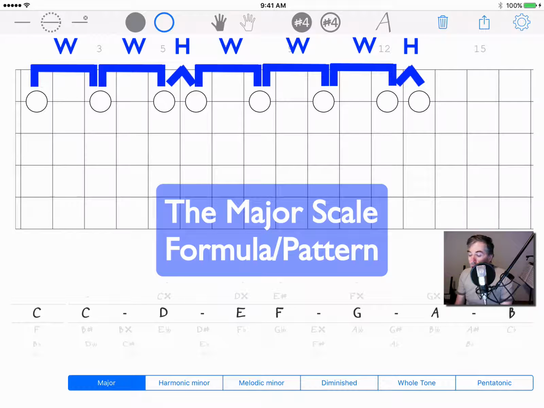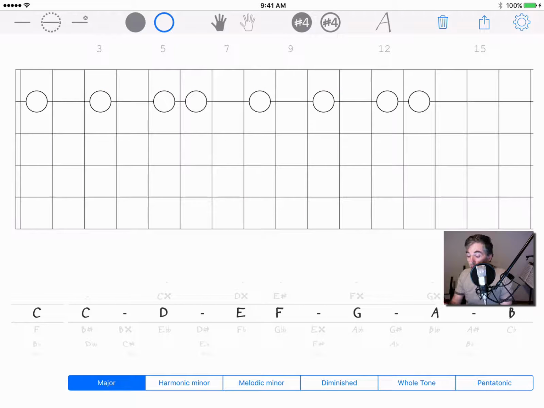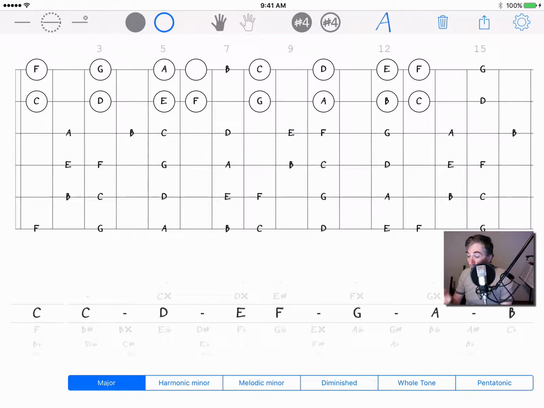Okay. If I were to pick a different starting note, let's say this note here, and repeat that same pattern, it's the same pattern, right? Let's see what happens. I'm going to show the key of C again, and notice it doesn't fit.